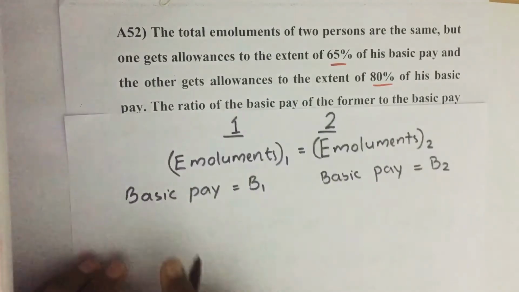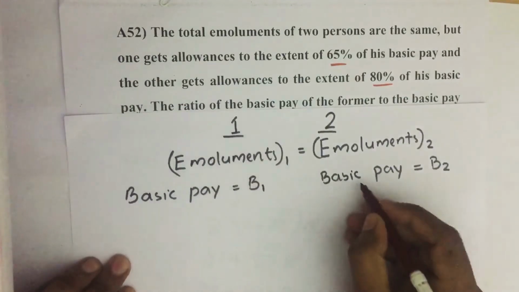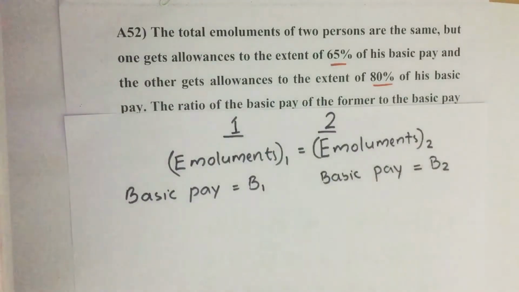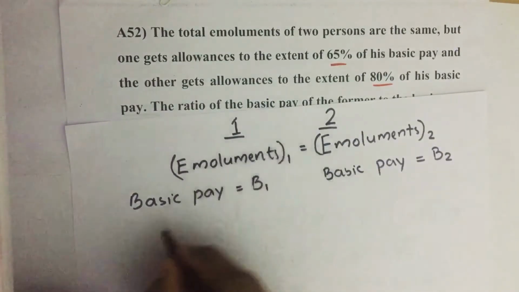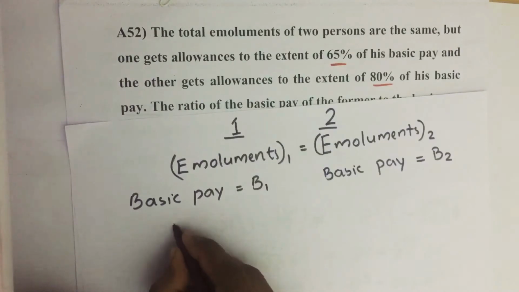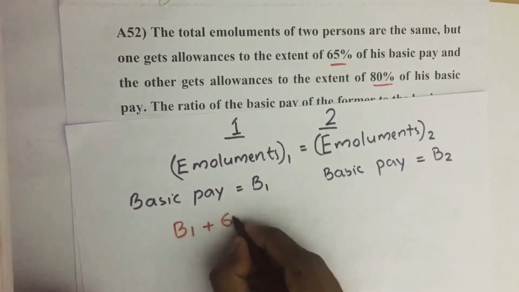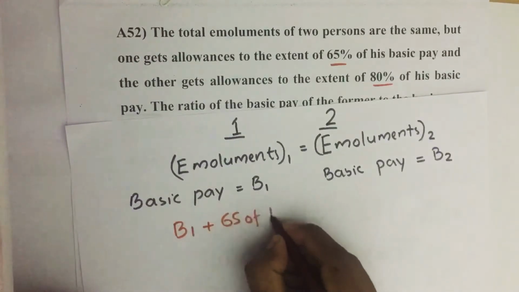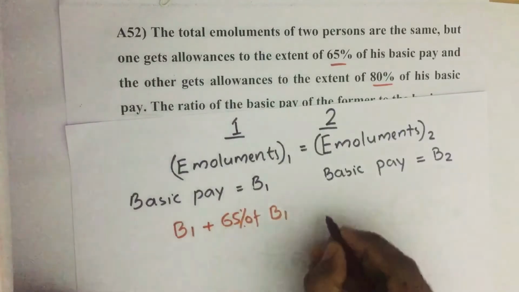Let us consider basic pay of person 1 equal to B1 and basic pay of person 2 equal to B2. Then total emoluments of person 1 equal to basic pay plus 65% of basic pay as allowances.